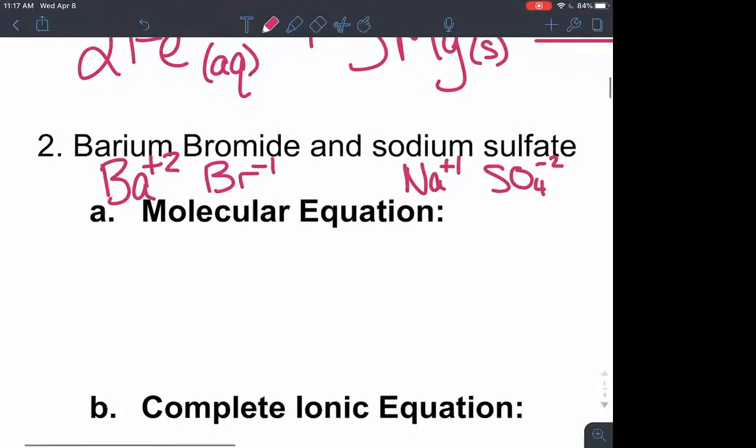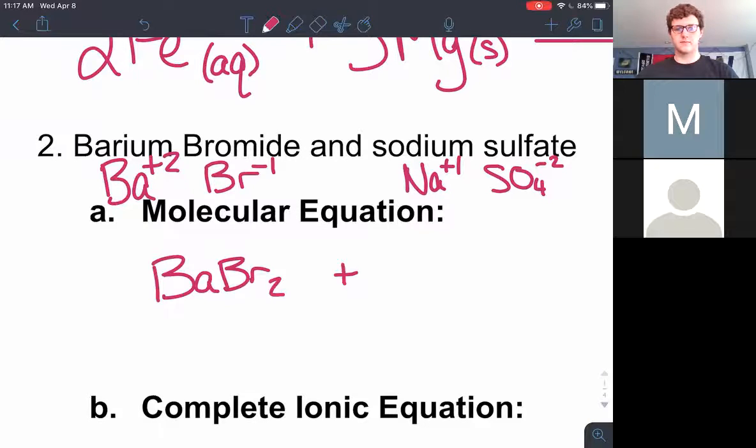So now our reactants. Can you tell me the compounds we have as our reactants? BaBr2. Perfect. Plus Na2SO4. Awesome.